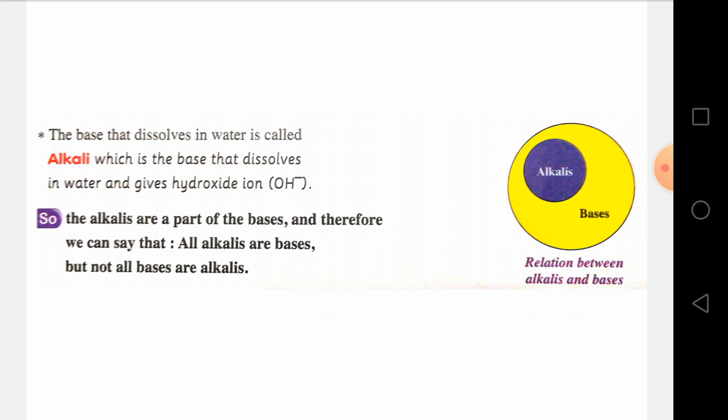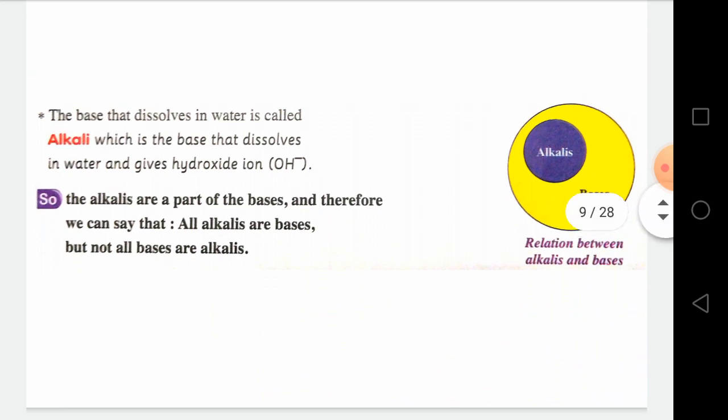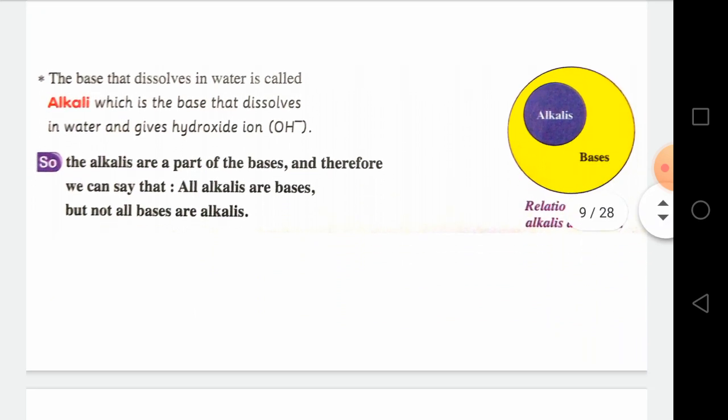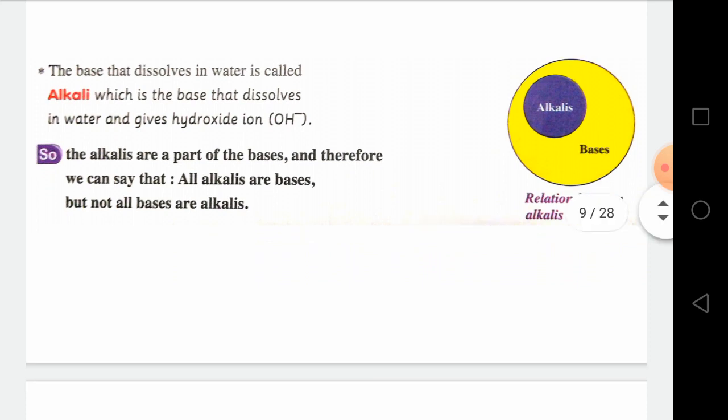The base is a total category of basic compounds, while alkali is a part of these bases. Alkali is the base when dissolved in water. Again, alkali is the base that dissolves in water and gives what? It gives hydroxide ions. So alkalis are a part of bases, and therefore we can say all alkalis are bases, but not all bases are alkalis.